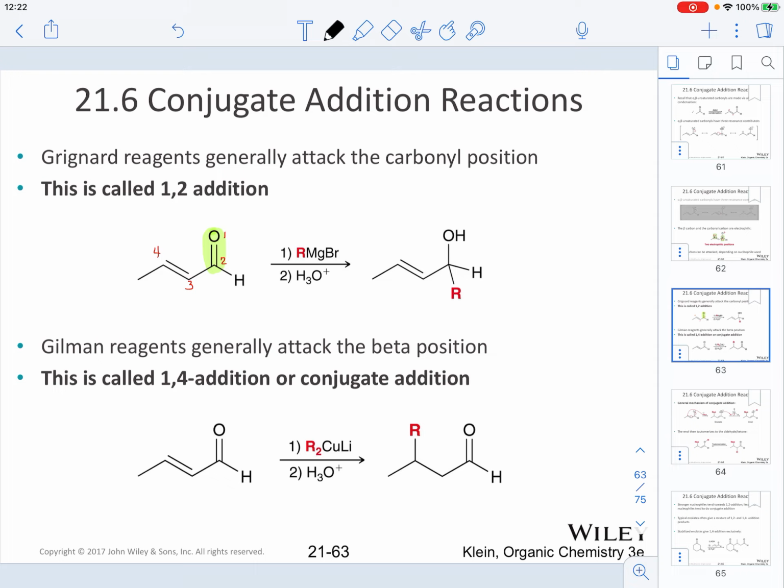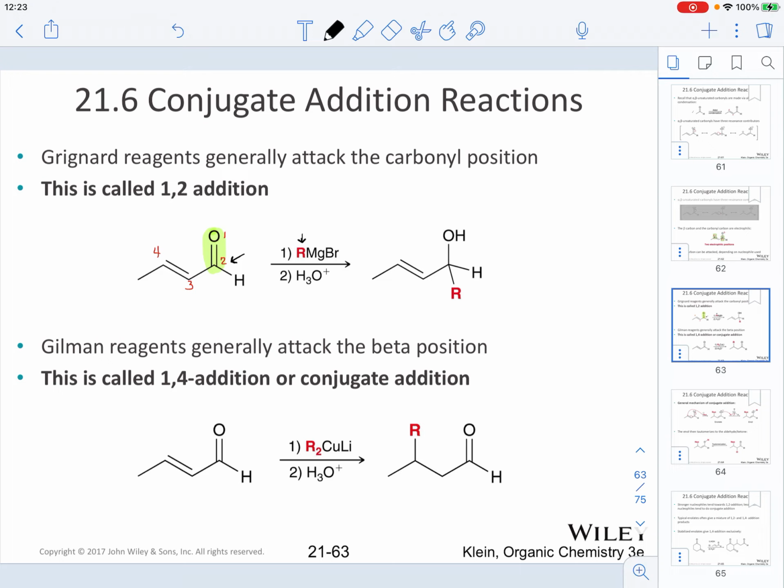What that means is that specifically the R group that is part of the Grignard is going to attach to carbon 2 in our original molecule. Remember that these labels are generic. The carbon atom labeled number 2 is the one that is going to bind to the R group, and after the acidic workup, the oxygen atom is going to turn into a hydroxyl.